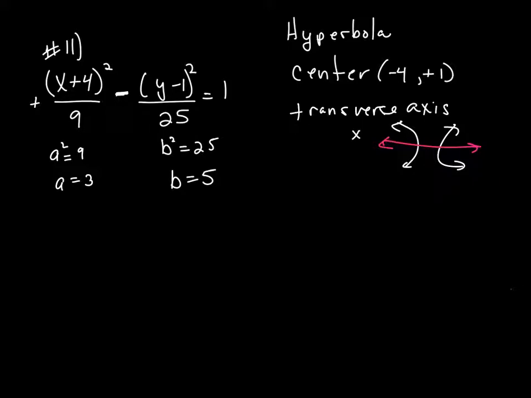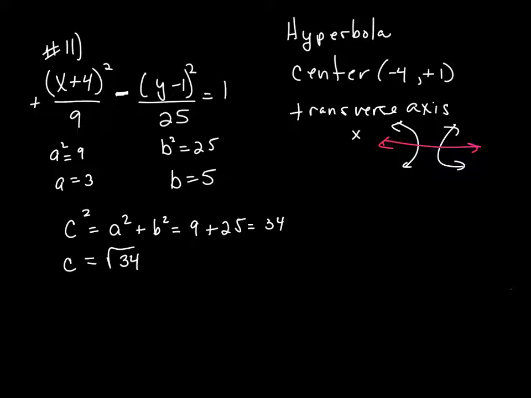I go through and find C. C for hyperbolas is defined as A squared plus B squared, or 9 plus 25, or 34. So C then is equal to the square root of 34. And we need C to find the foci.